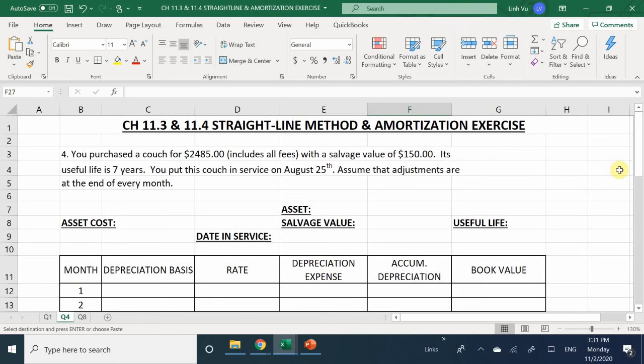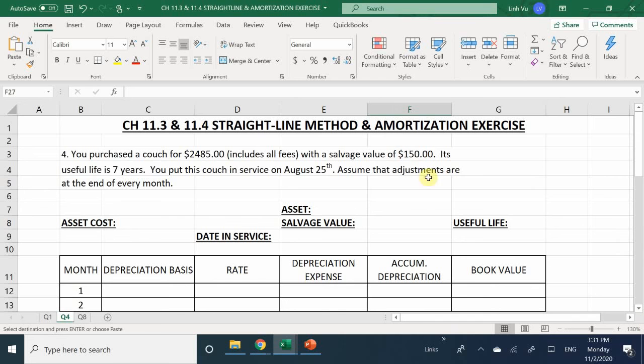Its useful life is 7 years, and you put it into service on August 25th. Assume the adjustments are at the end of every month.